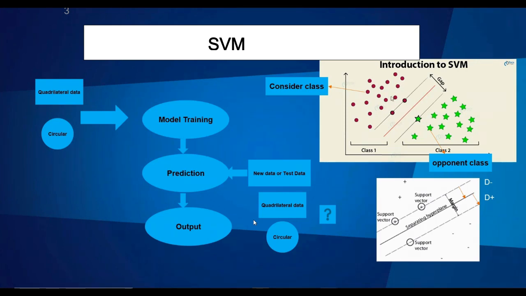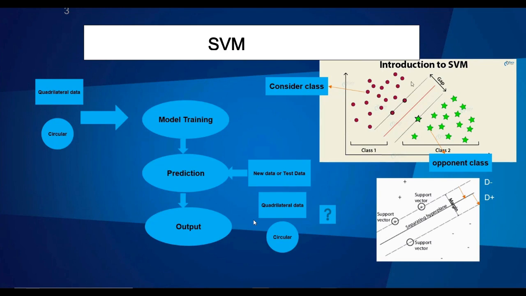In the consider class, these two points are very close to the other class, and in the opponent class, this point is very close to that class. If you draw a line over these, then these two lines are joining and separating the two classes on the basis of the hyperplane.